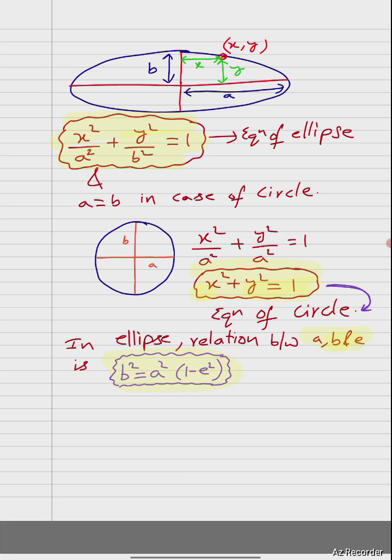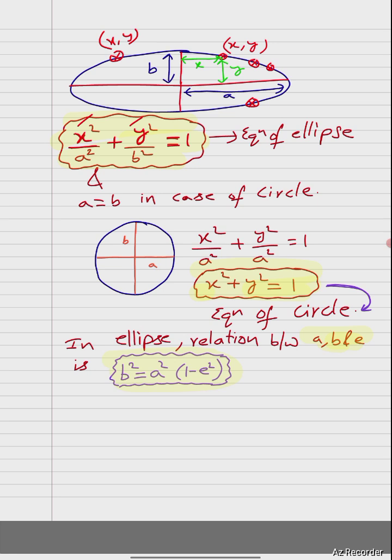Next, look at the standard equation of ellipse. The standard equation of ellipse is x square upon a square plus y square upon b square is always equal to 1, where x and y are the coordinates of any point you take on the ellipse, and a and b are the semi-major axis and semi-minor axis respectively.